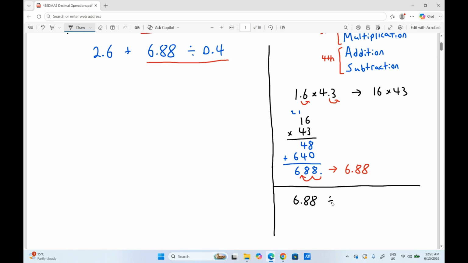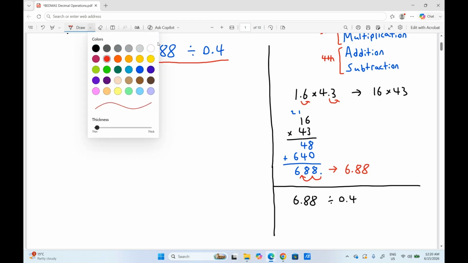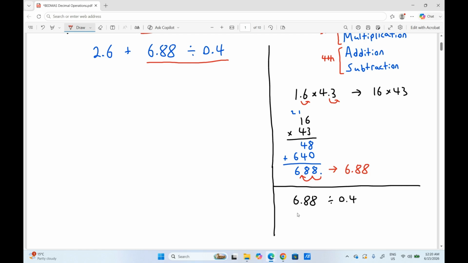6.88 divided by 0.4. The rule for division is I want to move the decimal place over until I get a whole number. So for 6.88, I have to move the decimal place over twice to the right in order to let this become a whole number. But for division, the rules are a little different than multiplication. If I move this decimal place over twice, I have to do it for my other number as well.